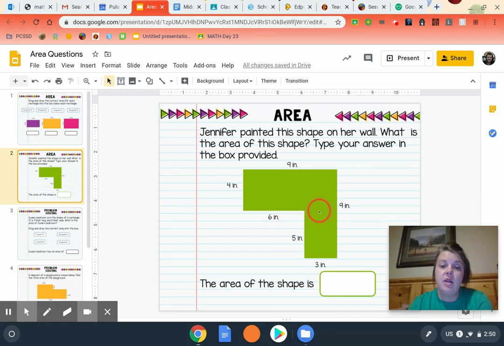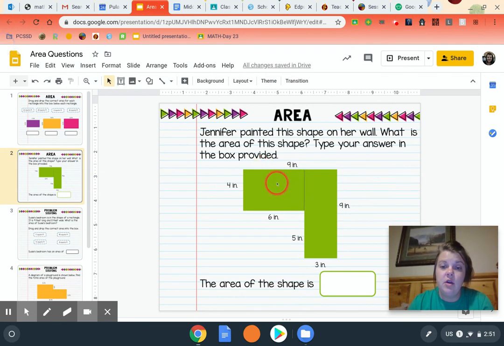So you could split it right here. So watch what I'm going to do. I'm going to create a line, and you can create a line too. You could split it right here. See that? And then I can move that if I want to. I can delete it if I want to. That's the line tool. So you could split it right here, and you could split it right here.